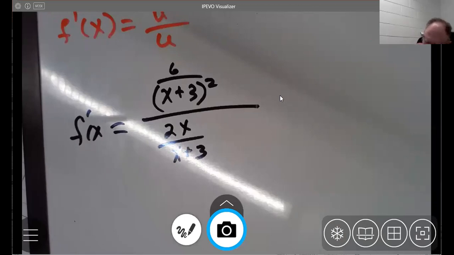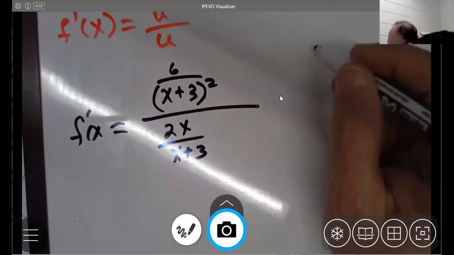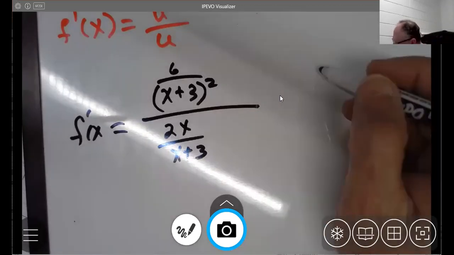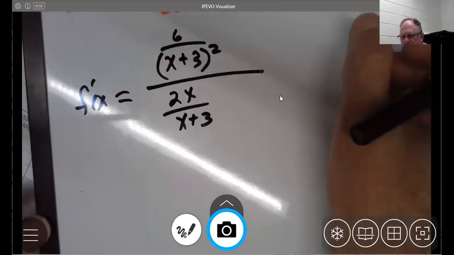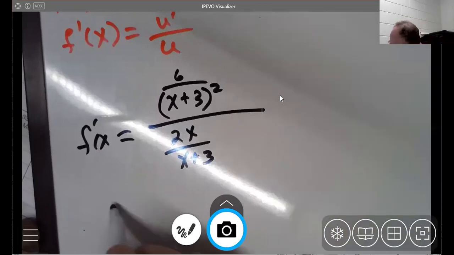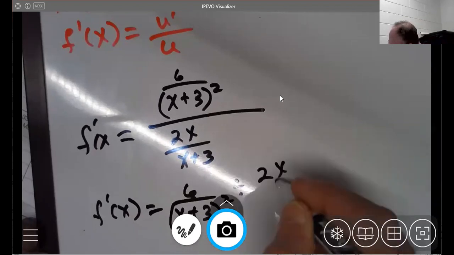Okay, so now we know that if we're dividing fractions, we have to multiply by the reciprocal, right? That's like saying 6 over x plus 3 quantity squared divided by 2x over x plus 3.